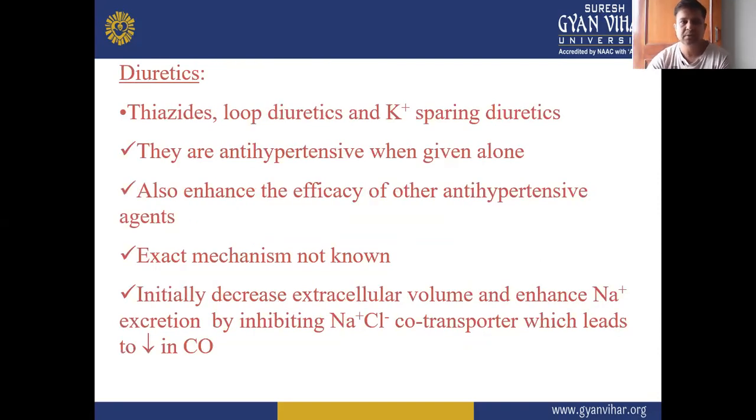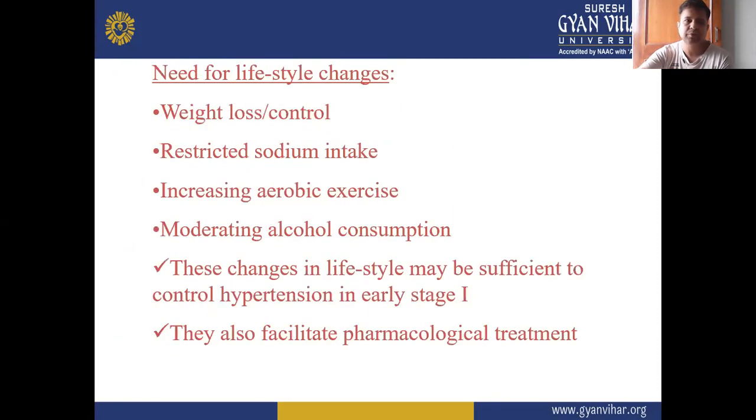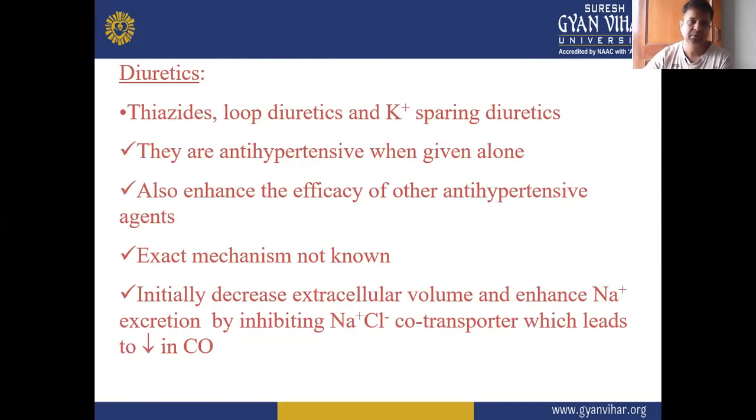So let's discuss the first class of drugs, that is diuretics. Examples are thiazide, loop diuretics, and potassium sparing diuretics. They are antihypertensive when given alone, and also enhance the efficacy of other antihypertensive agents.